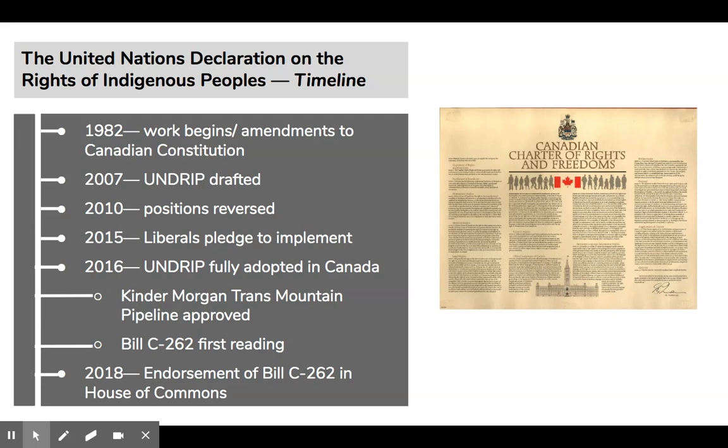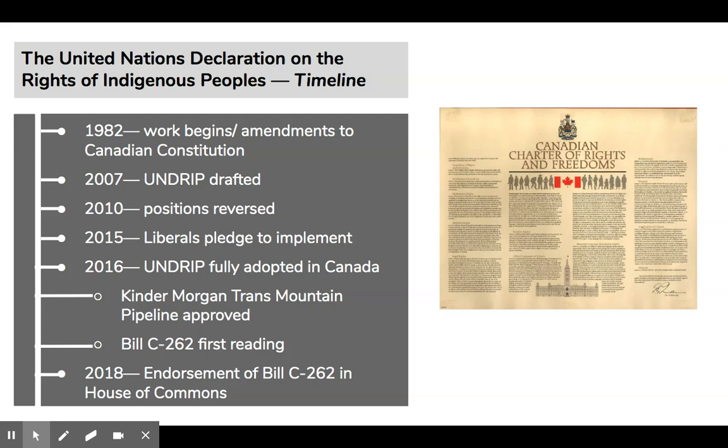Those 4 countries happened to be Australia, New Zealand, United States, and Canada. The primary concern for Canadians voting against it was that adopting what was included in the Declaration would be in direct conflict with existing Canadian law protecting Indigenous people. In 2010, all 4 countries reversed their position, endorsing it with reservations.